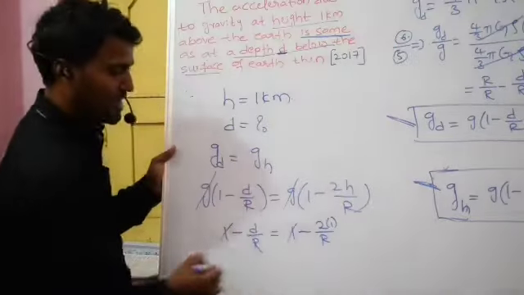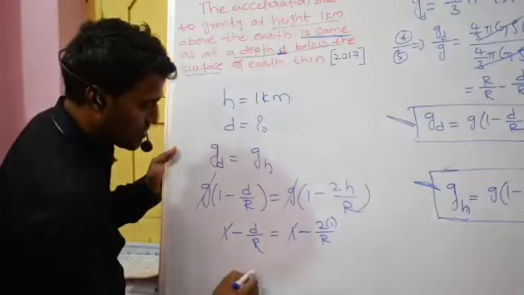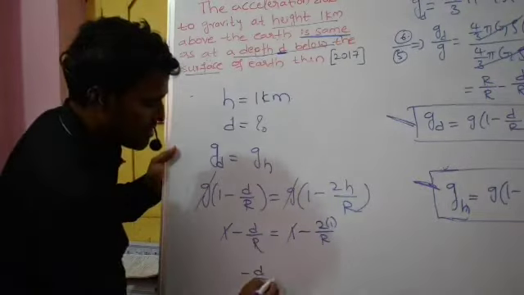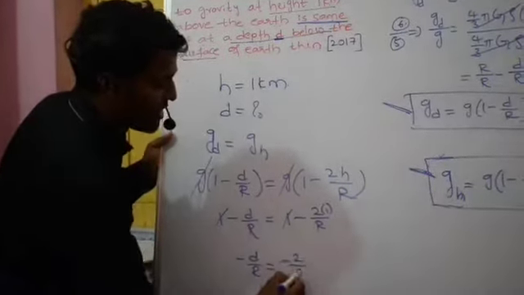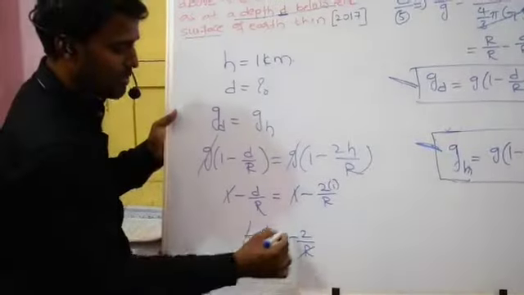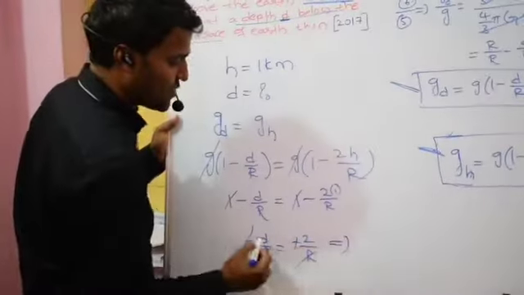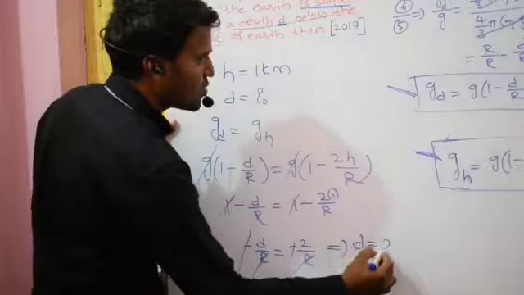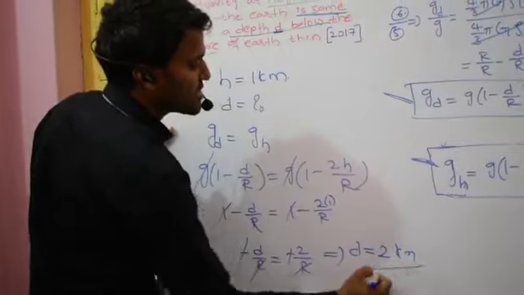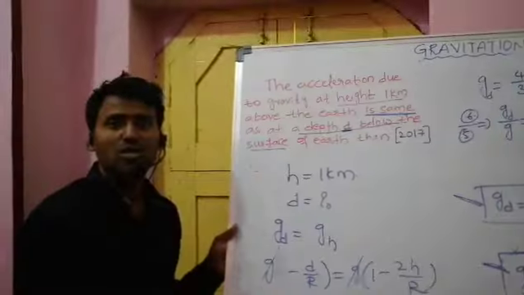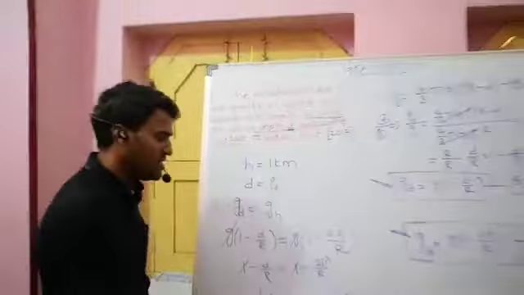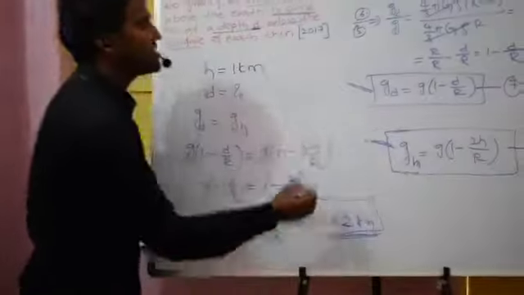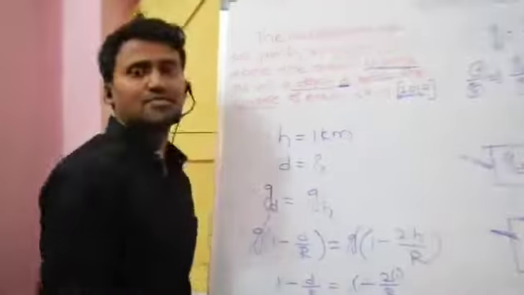Both sides 1 get cancelled. We get minus d by R equal to minus 2 by R. Both sides R get cancelled, minus gets cancelled. So we get d is equal to 2 kilometers. This is the final answer. That is the 2017 question.